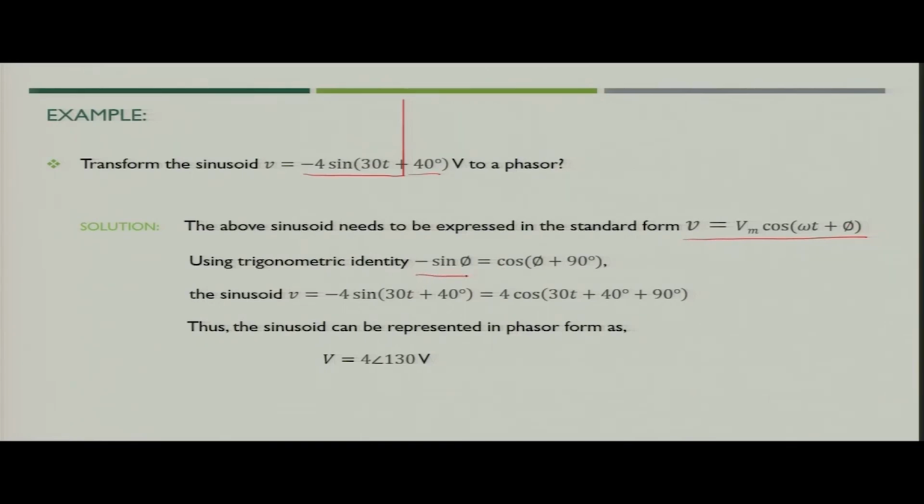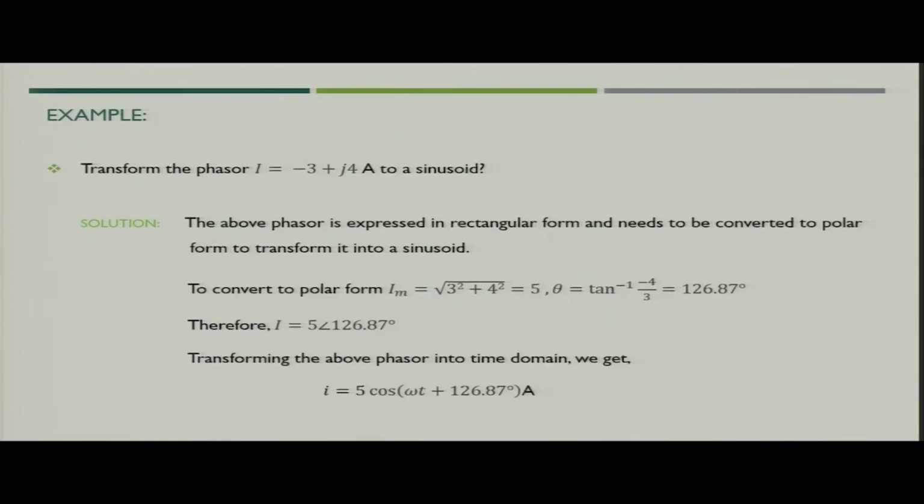Using a trigonometric identity, since minus sin phi is equal to cos(phi plus 90 degree), you convert this into cosine terms, and it becomes 4 cos(30t plus 40 degree plus 90 degree). So, in phasor terms, the value of this sinusoid is 4 angle 130 degree volt.